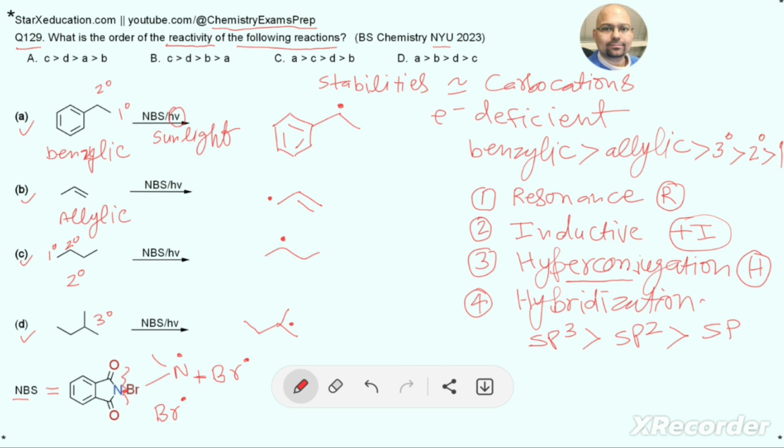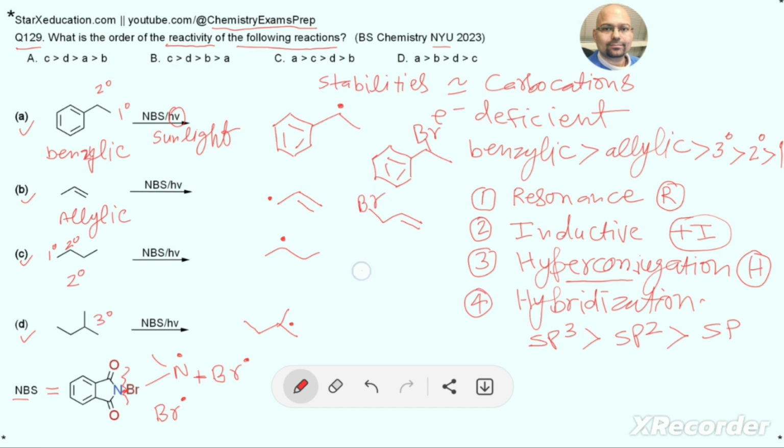So now let's draw the products of these reactions. So in case of 1, the product would be the substitution on the number 1 carbon. So 1-bromoethyl benzene would be the product in case of A. In case of B, the product would be allyl bromide.